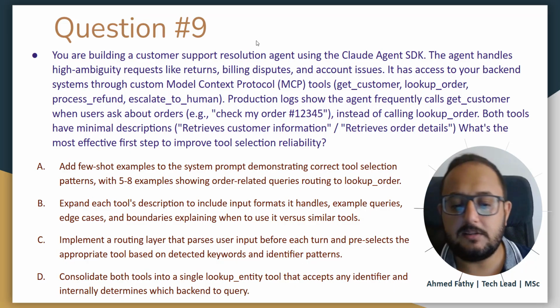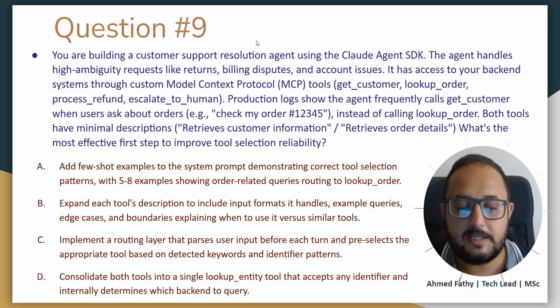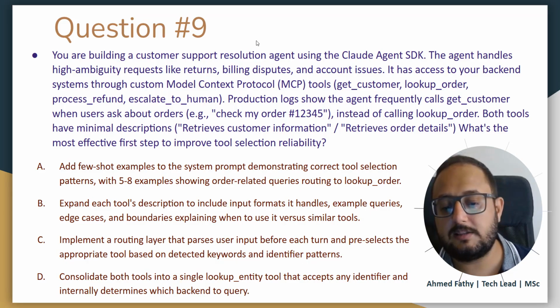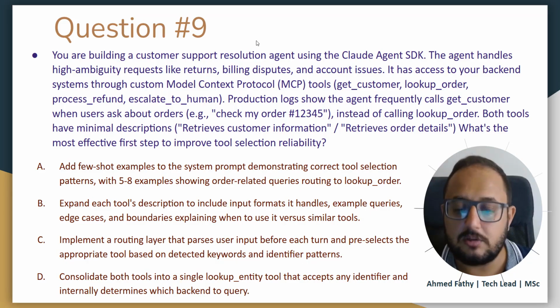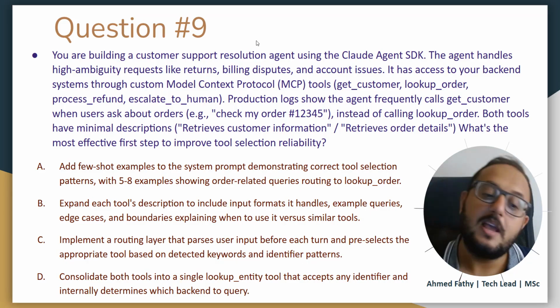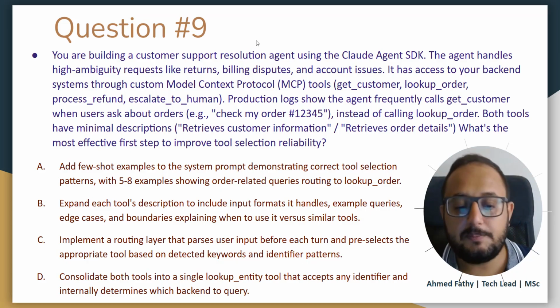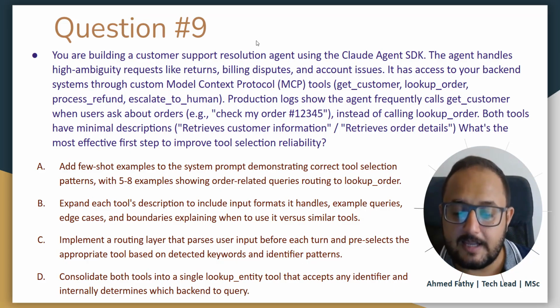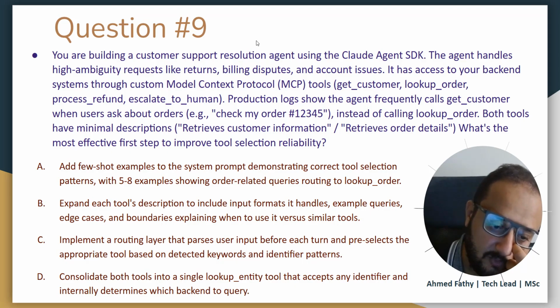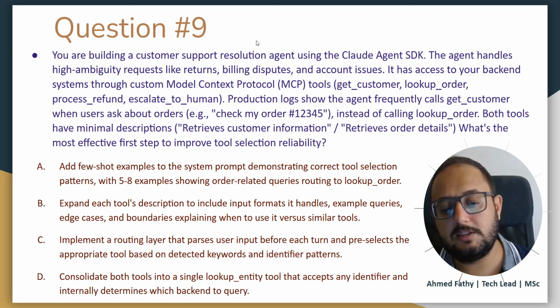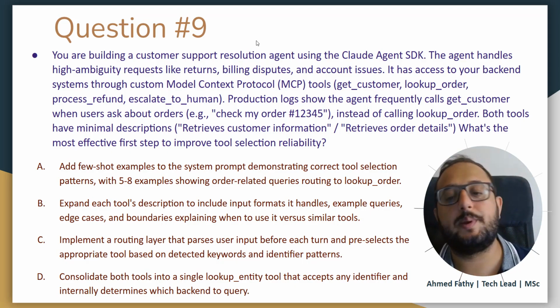C, implement a routing layer that parses user inputs before each turn and pre-selects the appropriate tool based on detected keywords and identifier patterns. And D, consolidate both tools into a single lookup entity tool that accepts any identifier and internally determines which backend to query.